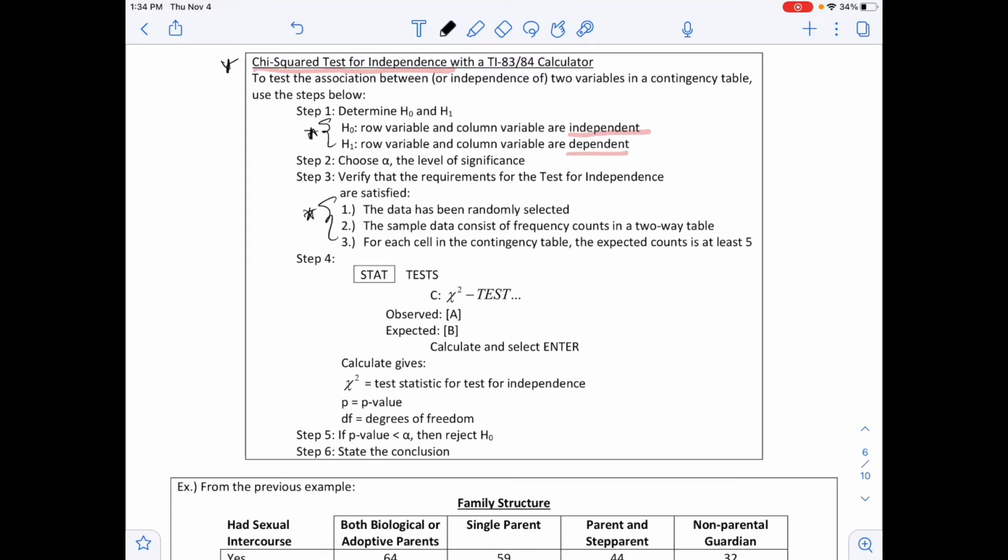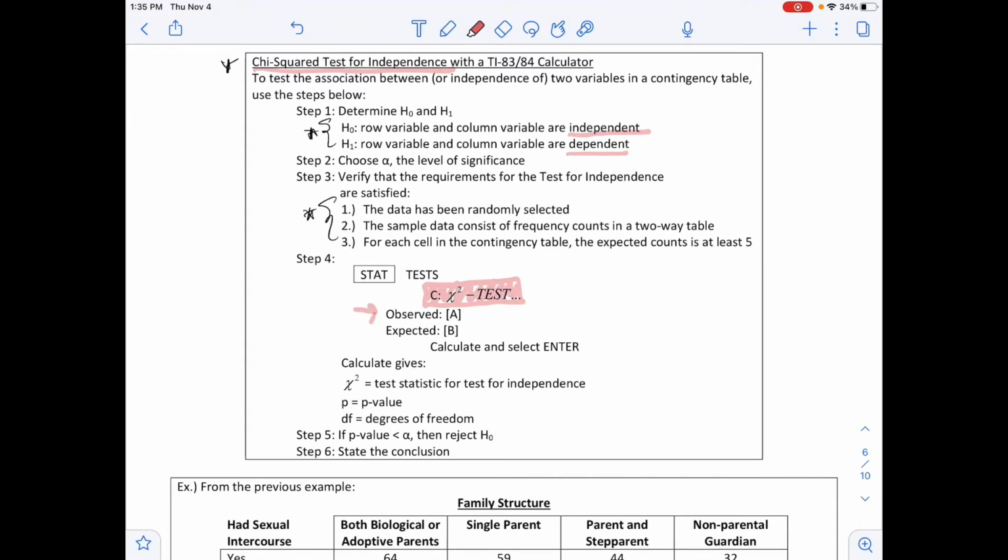So again, the data has to have been randomly selected. Sample data consists of frequency counts in a two-way table. For each cell in the contingency table, the expected count is at least 5. And then to get to our test, we're going to go to stat test, and for me it was C, which is the chi-square test.